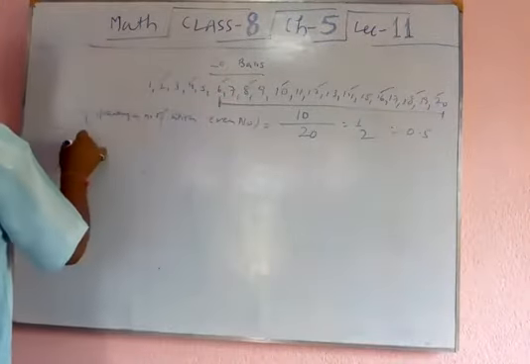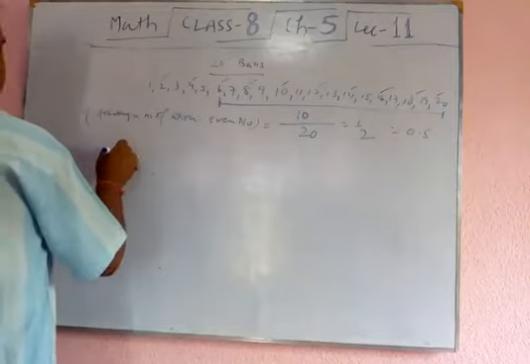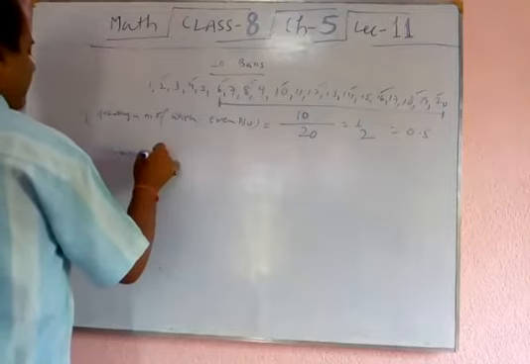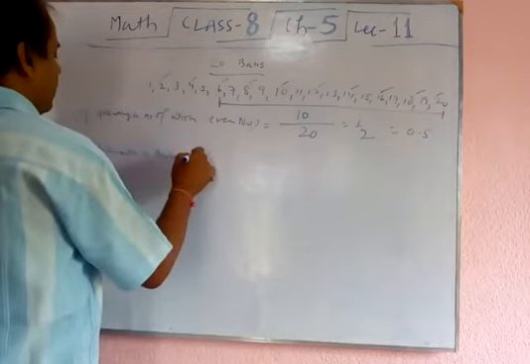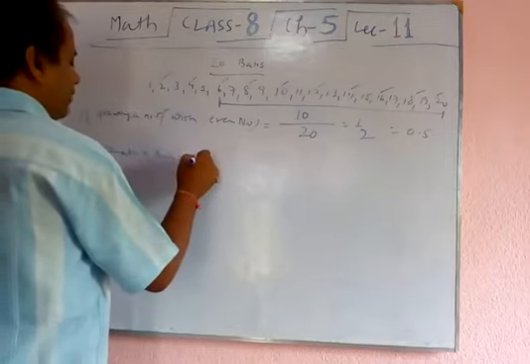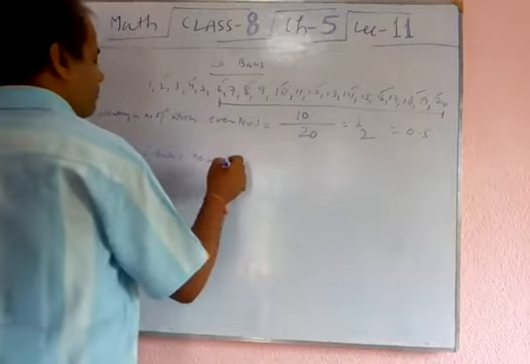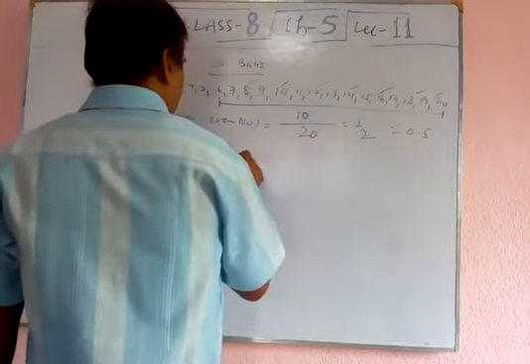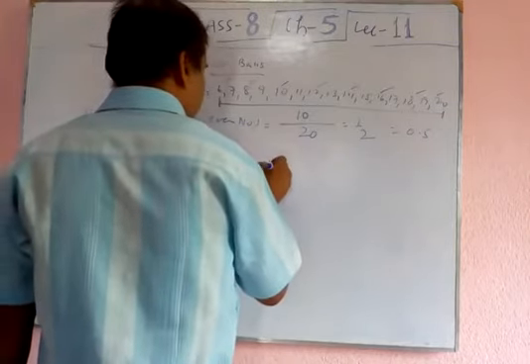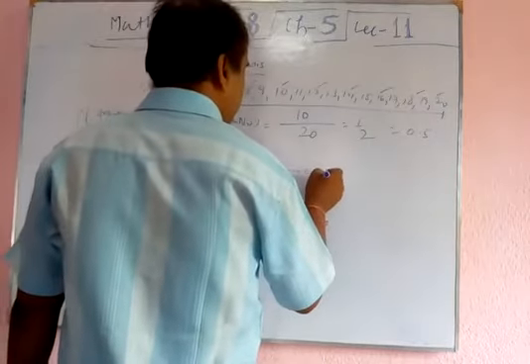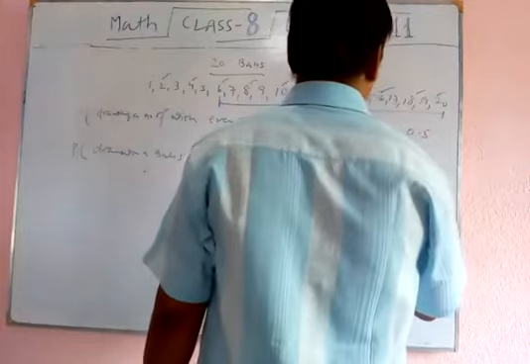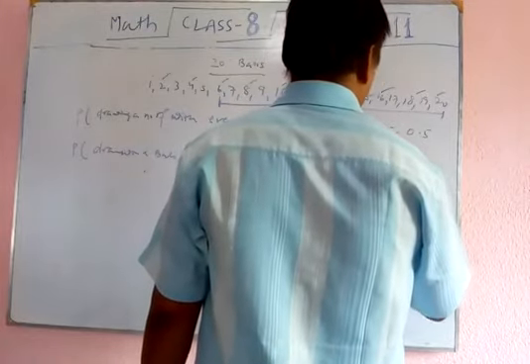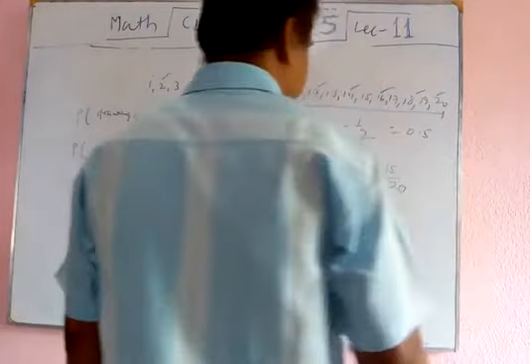So the probability of drawing a ball numbered with more than or equal to 6 is equal to 15 by 20.